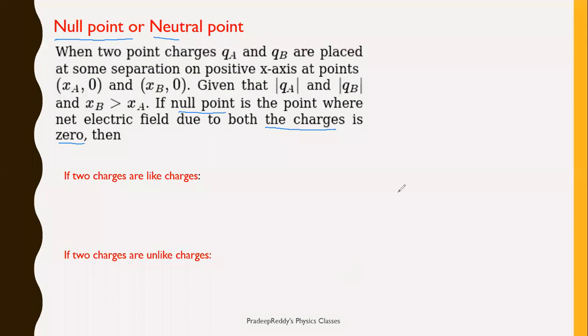Now let us take 2 point charges. QA is 1 point charge and QB is other point charge. Now let me take, here is QA. And there is another point charge, let it be QB. These two charges are separated by certain distance.